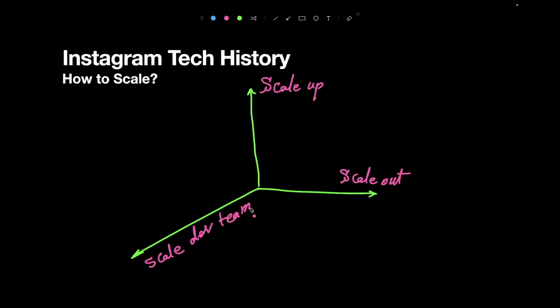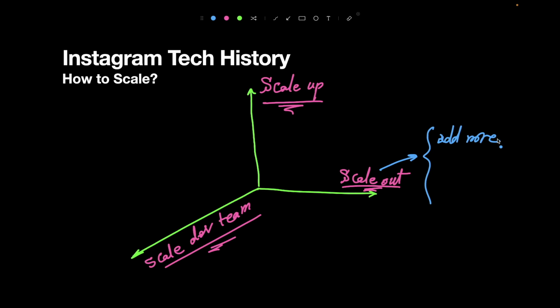So let's see what these three dimensions mean, and in the next slides we will talk more about them. Scaling out means that we need to add more hardware as it is required.